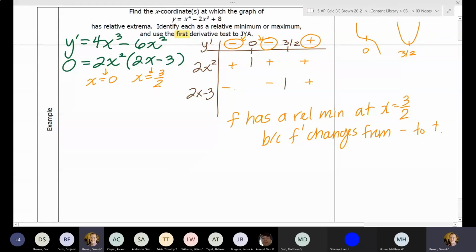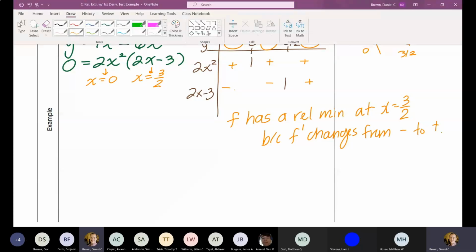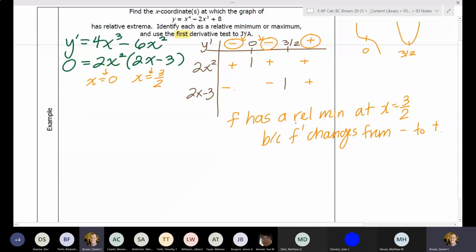Notice when you're justifying an answer using the first derivative test, I will not require it, and neither does the AP exam. You don't have to say like by the first derivative test. As long as you state the requirements of it, then that's good enough. So I've stated that I have a relative minimum there. So that's important. I've identified it and classified it. I've stated the x value clearly, and then I gave my justification.